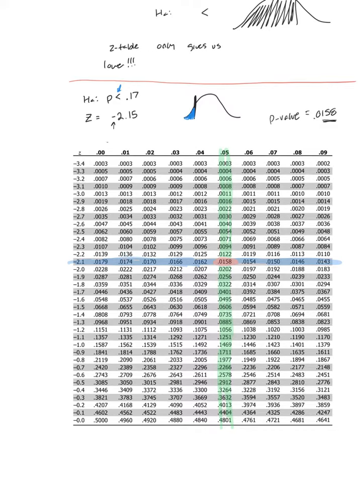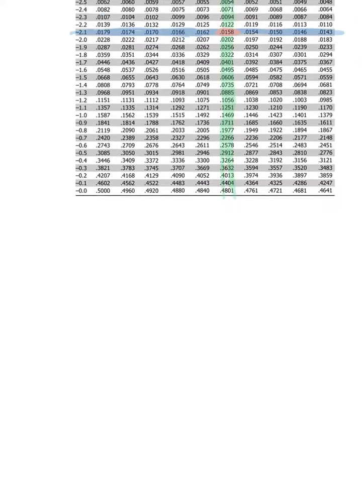Let's go ahead and do another one, though. For our next example, let's say that we were given an alternative hypothesis of p is greater than 0.85. This is like trying to prove over 85% of people feel some way. I'm also going to tell you that z is equal to 1.02. To find my p-value, I would draw my bell curve.